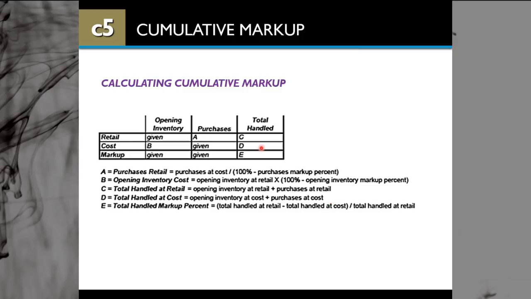So D can be calculated as B plus these purchases at cost. If you know that, then you can calculate the markup percentage based on the answers from C and D. Total handled markup percent will be total handled at retail minus total handled at cost, because that's the markup, divided by total handled at retail. So you can do it step by step.